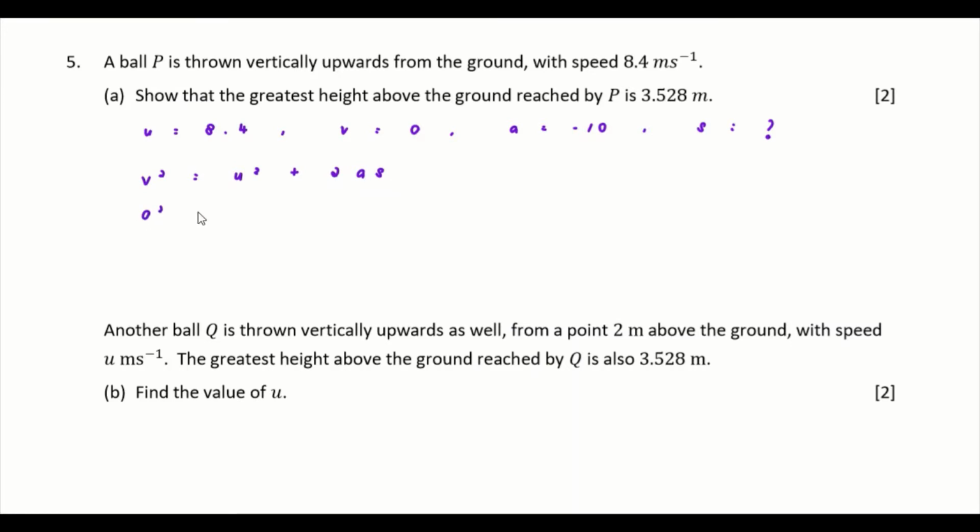So 0 squared equals 8.4 squared plus 2as. Okay, so that gives us that 20s is equal to 70.56. Okay, and just dividing by 20, you can get 3.528 meters, so shown.